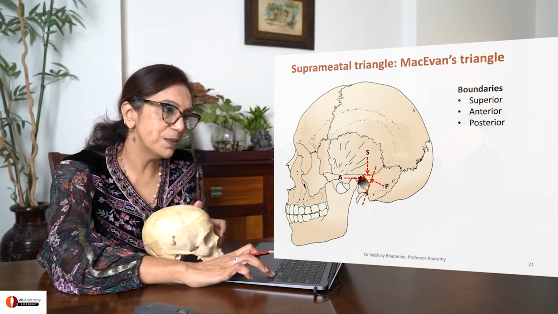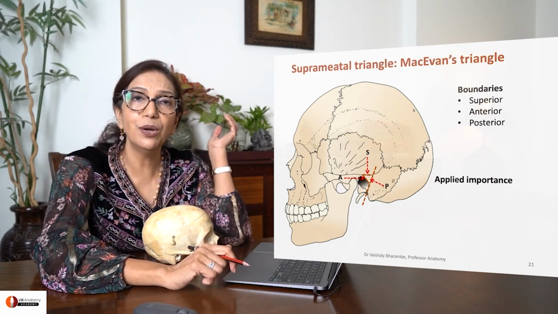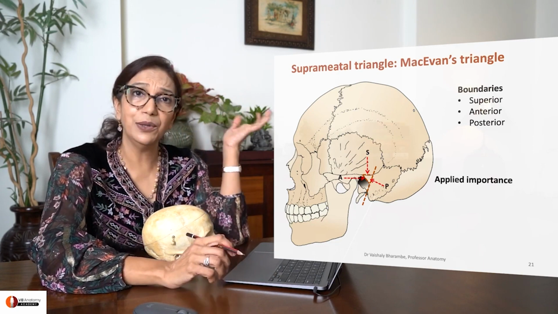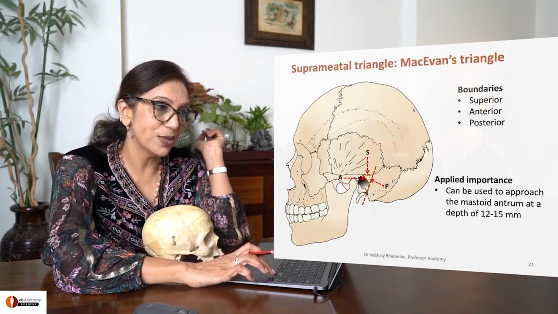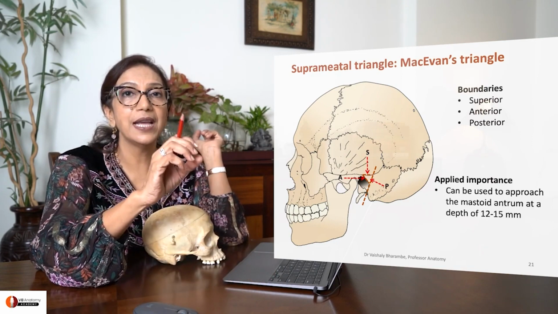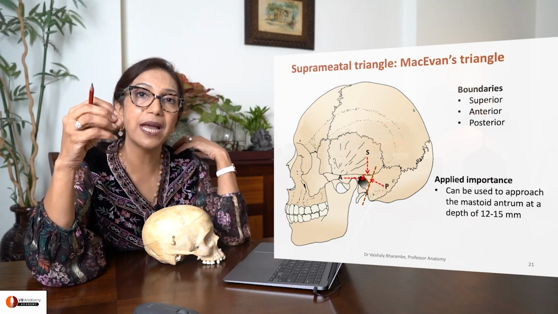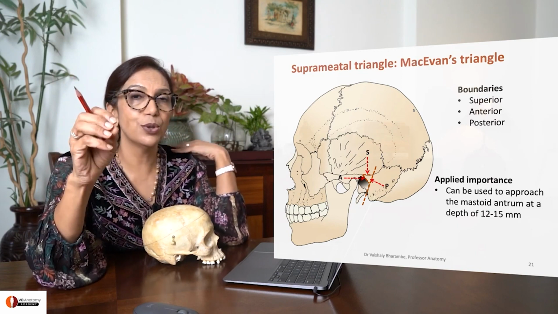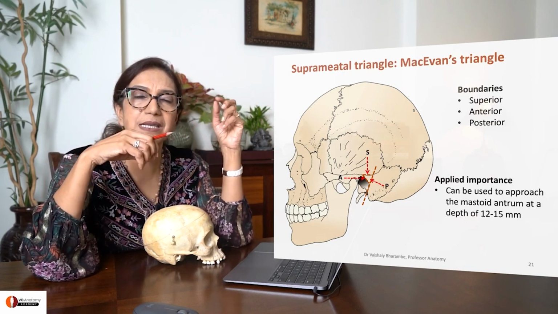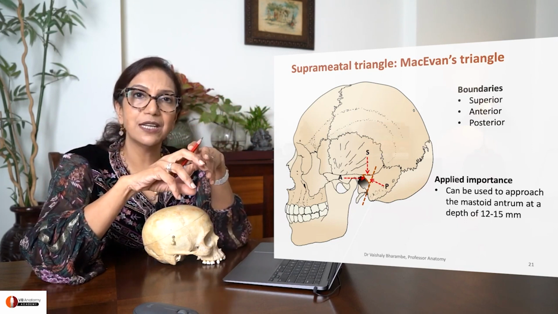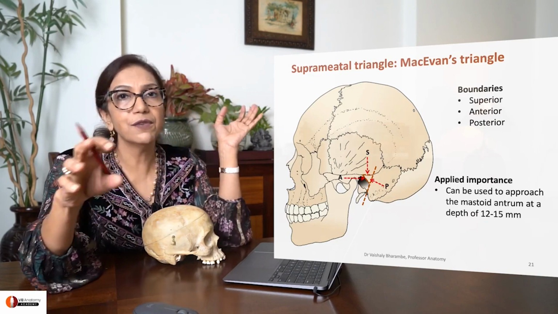So you must be wondering, madam, why are we doing all this? Do we really need to know? Yes, you need to know. Because this triangular region overlies your mastoid antrum. If you recall, the mastoid antrum is a pneumatic bone with a lot of tiny spaces in it. Once infection enters it, it becomes very difficult to drain.